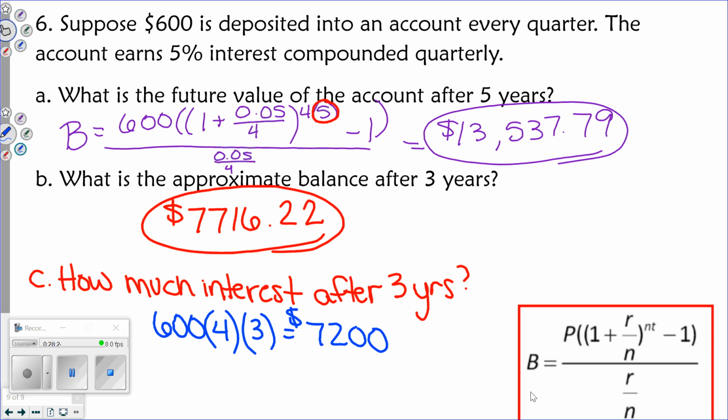And then we're doing this after the 3 years. So then you would take their final balance after 3 years and subtract off how much they put in.